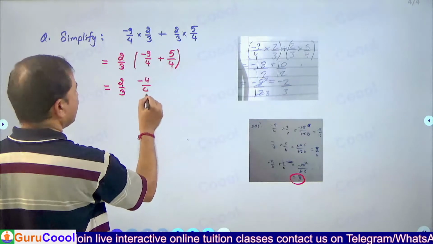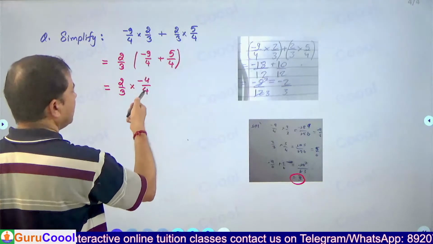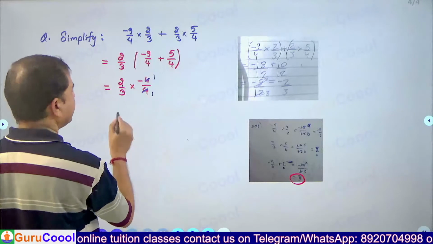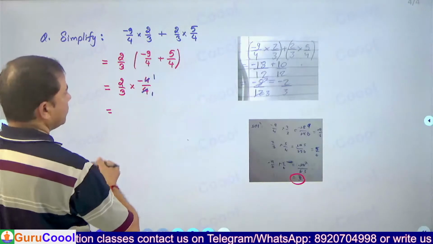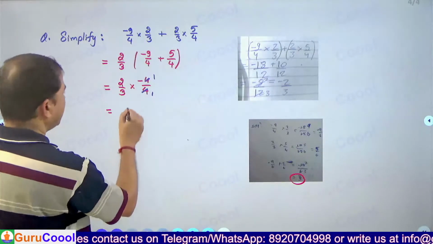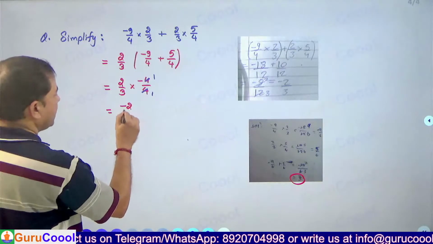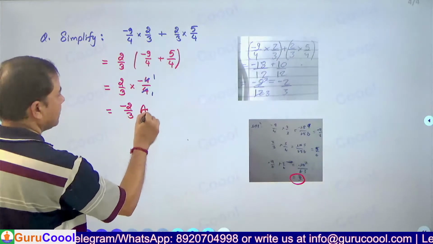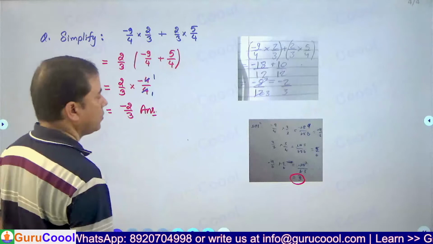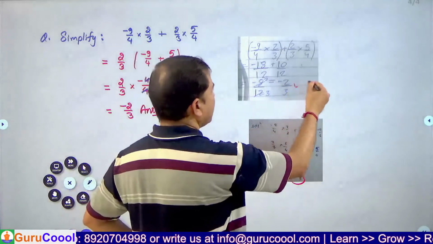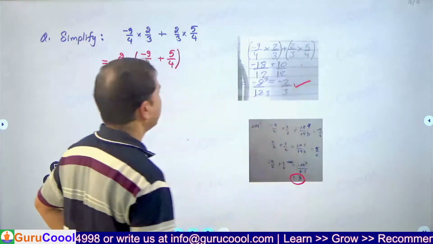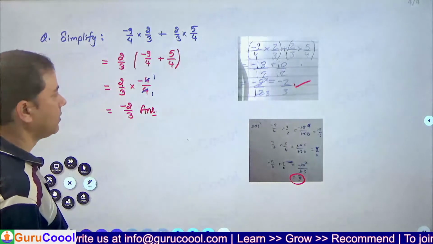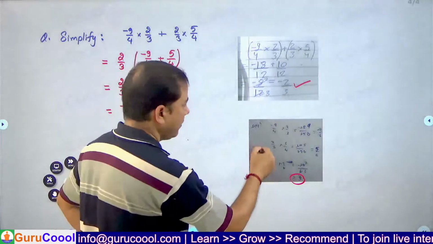Minus 4/4 is now minus 1. 2/3 times minus 1, so we are getting minus 2/3. That's the answer. Anurag, your answer is correct. Method also is correct. If you use a distributive property, that's better. And David, your answer is wrong.